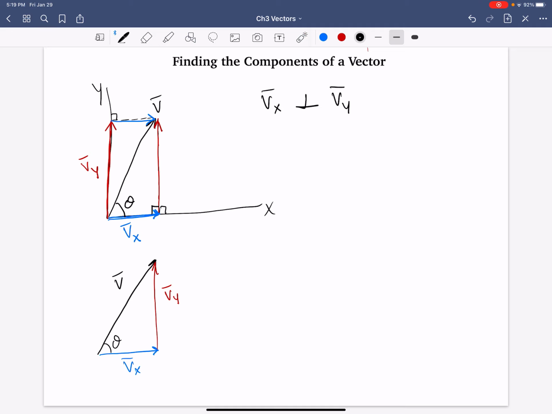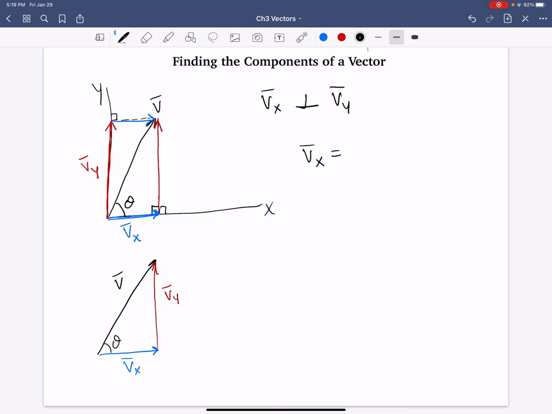Relative to this angle, the x component is next to it, touching the angle we've specified. It's also touching the original vector V. So that's the adjacent side, and so we use cosine.